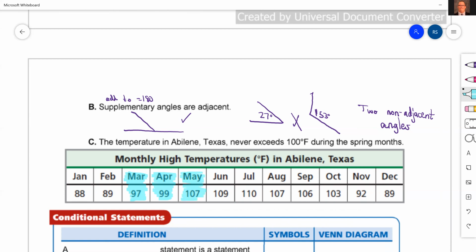So that statement says we never went over 100 degrees during spring. What disproves that statement? May. May reached 107 degrees. So that shows that statement's false.